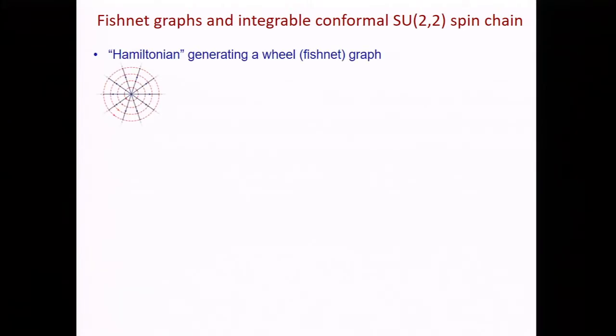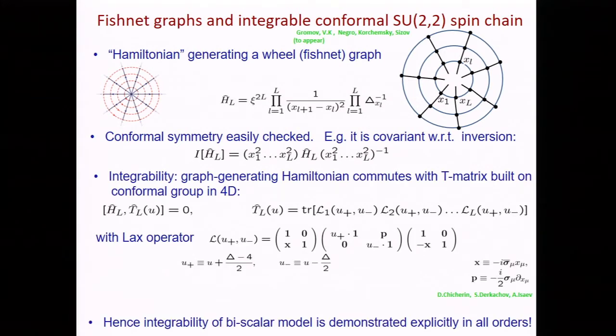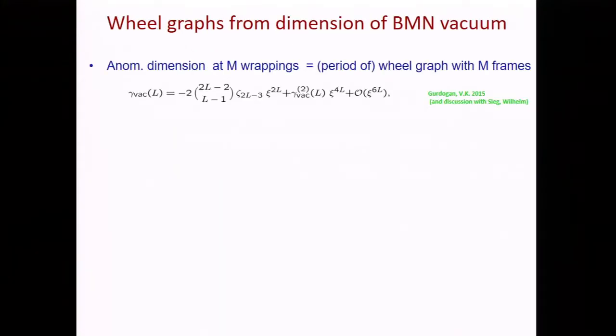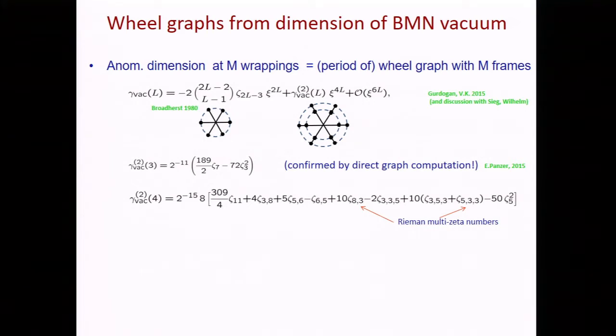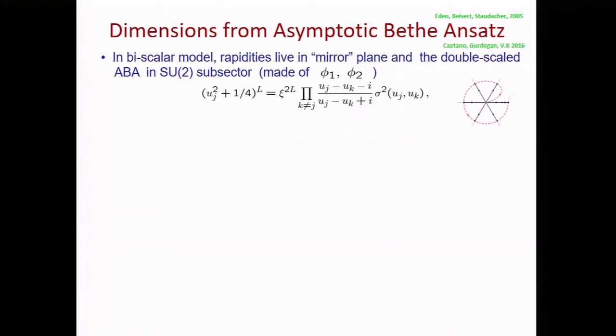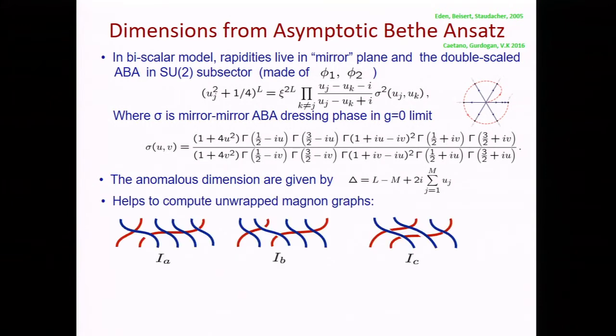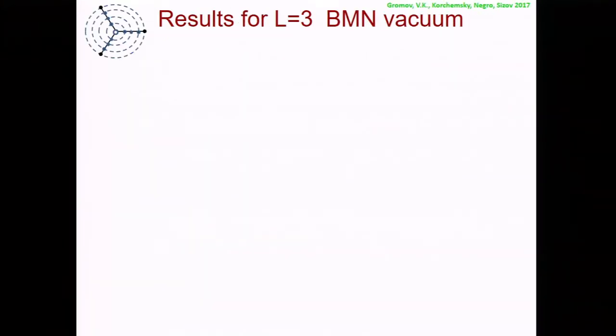Okay, and the last thing I wanted to show, maybe I will only show you the results of our very recent calculations of wheel graphs with 3 spokes and any number of frames, let's say.